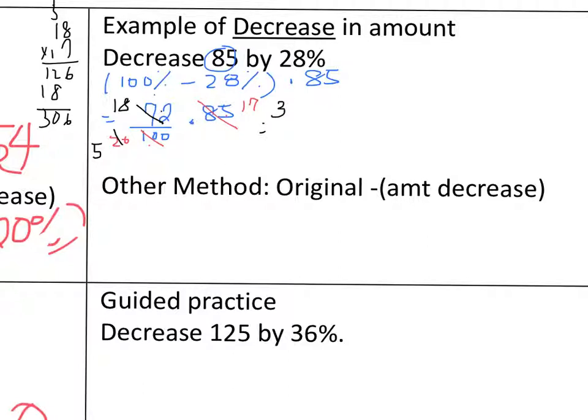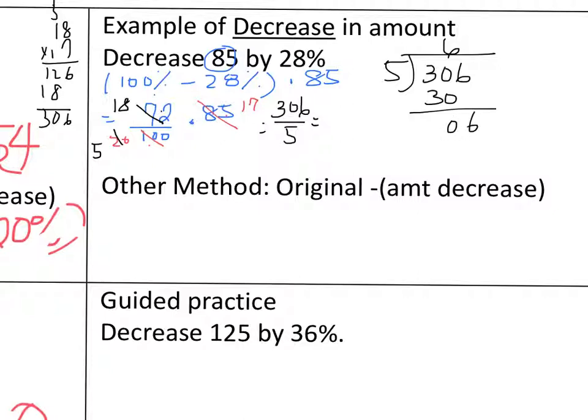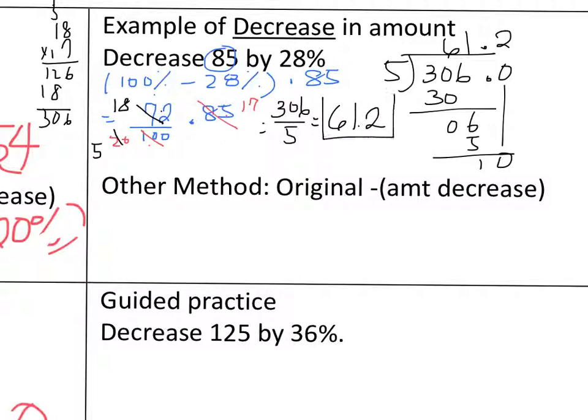So 306 over 5. And then we divide 306 by 5. We should get a very nice decimal number. Okay, 6, 5, 1, bring down a 0, 61.2. That's your new amount.